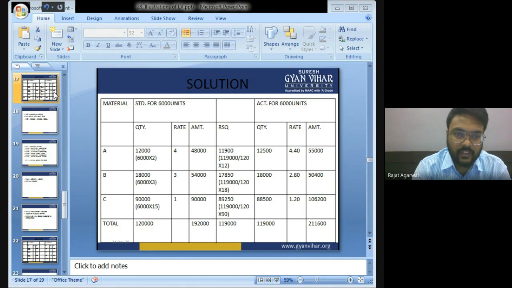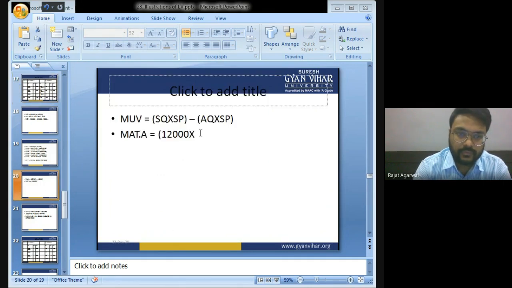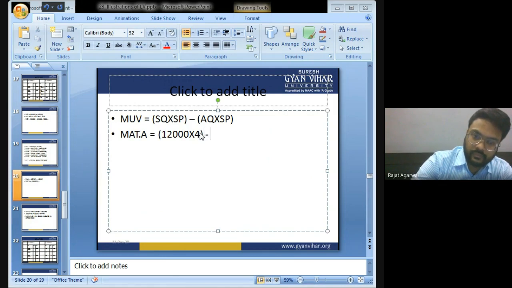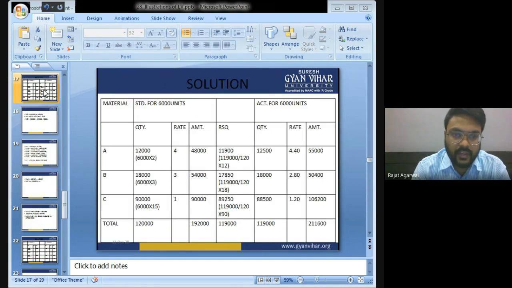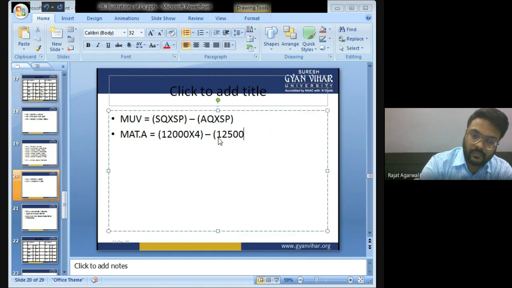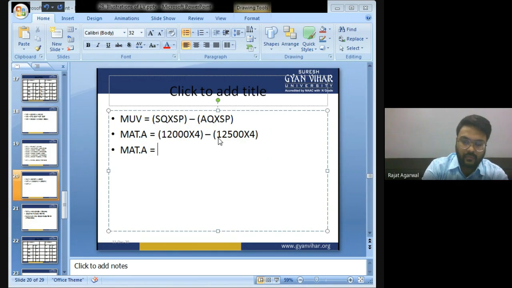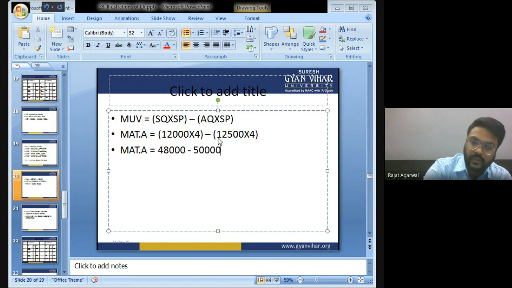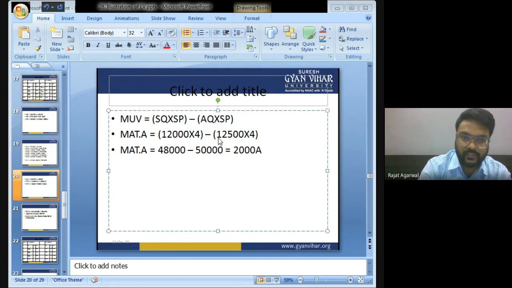Standard price of A is 4. Actual quantity of A is 12,500 into standard price 4. 12,000 into 4 is 48,000. 12,500 into 4 is 50,000. 2,000 adverse. The answer is 2,000 adverse.